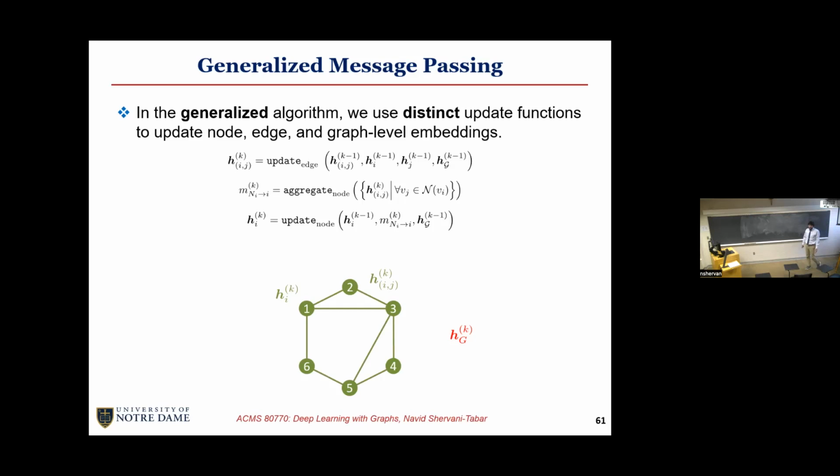And we add to that the previous state of the graph embedding. And we combine all those using an operator called update graph, in order to construct an updated embedding for the graph. So that is basically how our generalized message passing algorithm is going to look.